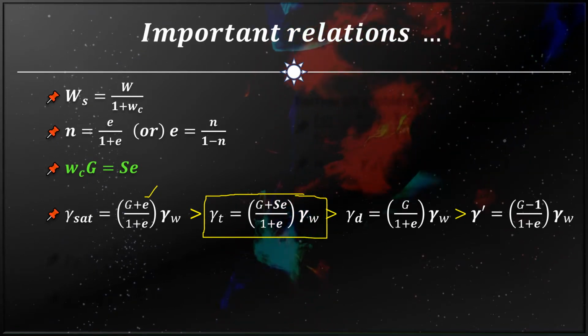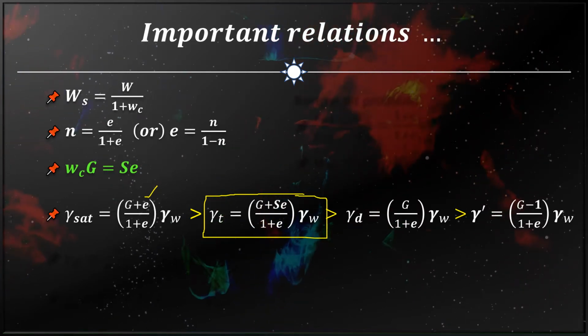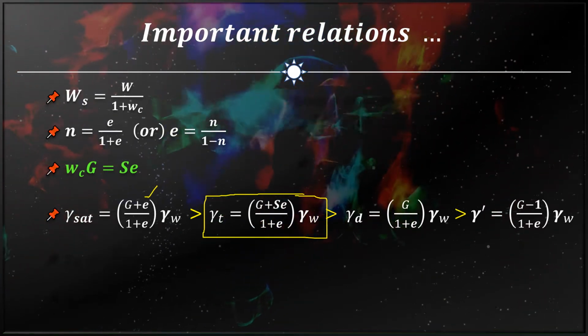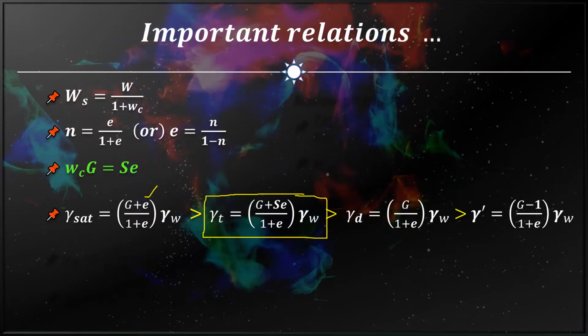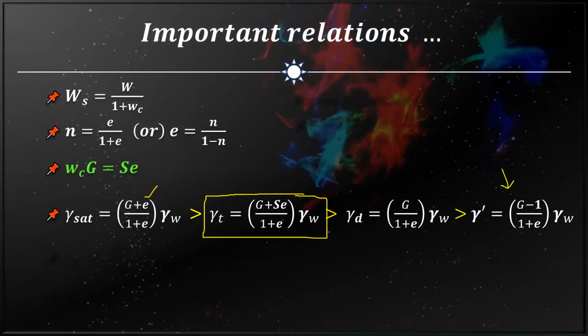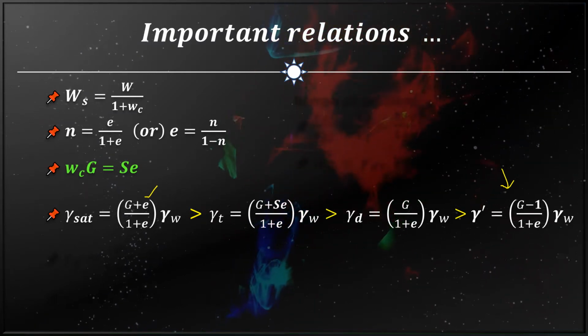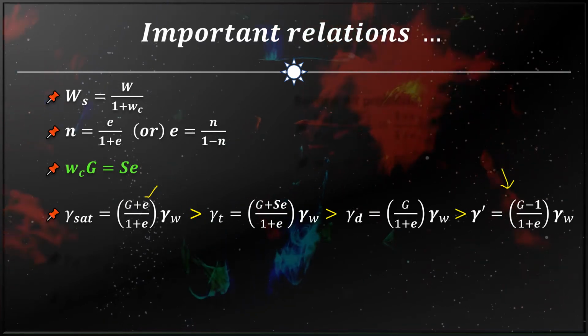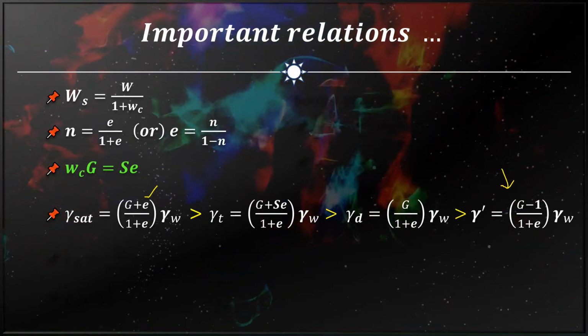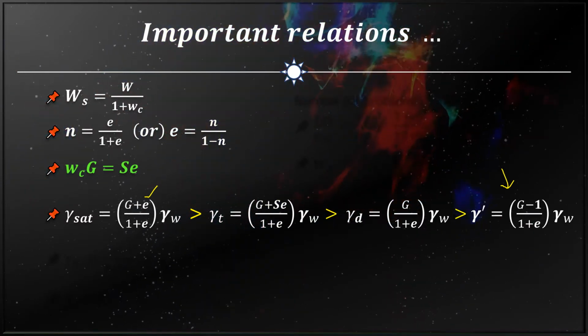And in case of dry state, degree of saturation is 0, so that's why G gamma W by (1 plus e). And in case of submerged state, it shall be like this, (G minus 1) by (1 plus e) into gamma W. And it ranges like this, or we can say in terms of descending order, gamma sat has the maximum value, followed by gamma T, that is bulk unit weight, followed by dry, followed by submerged.